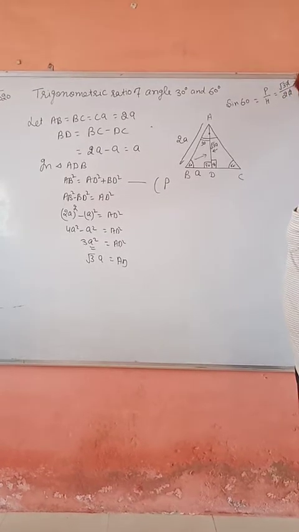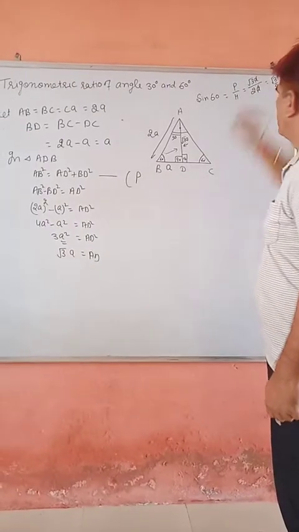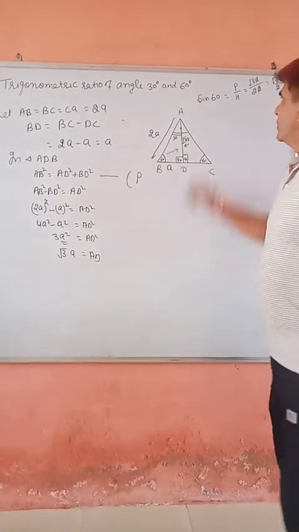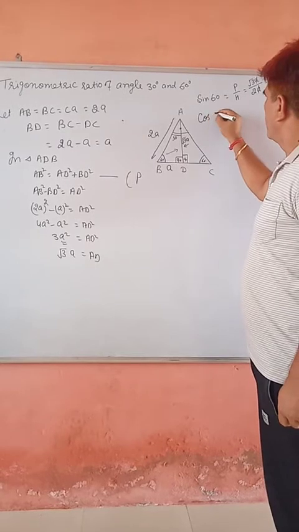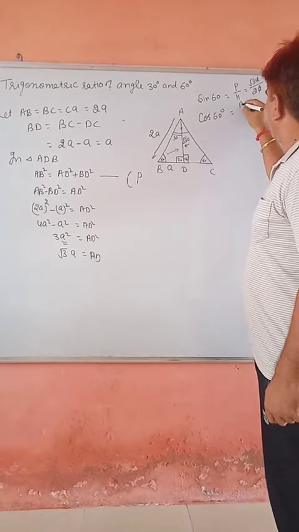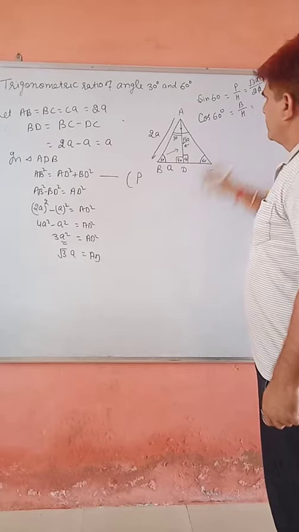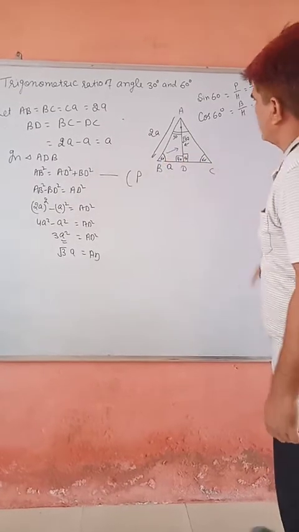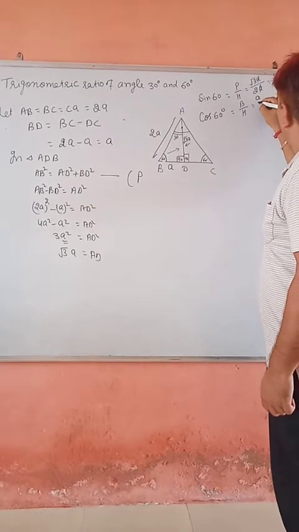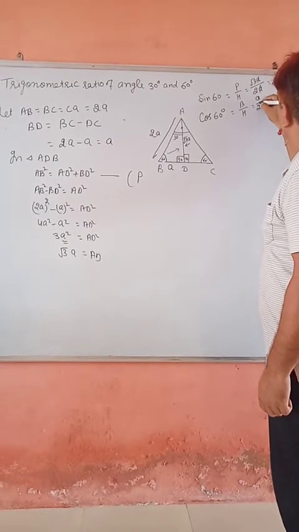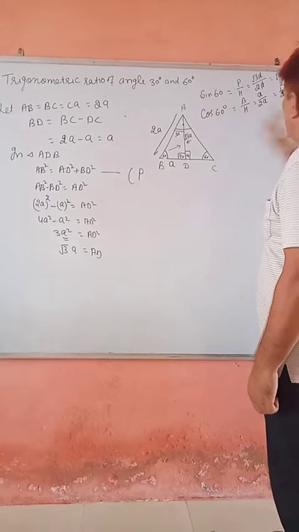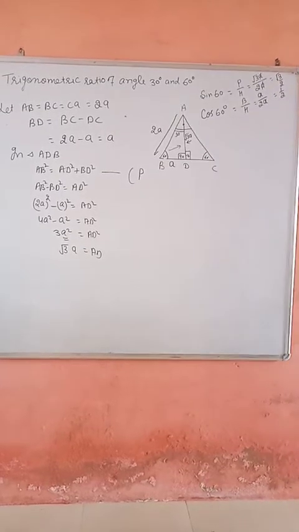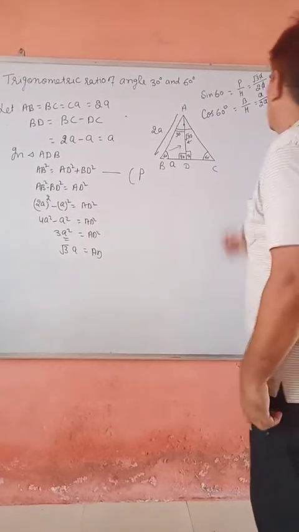Cancel the A, this gives √3 by 2. Cos 60: base by hypotenuse. Base is what? The adjacent side of it. What is that? A by 2A. A cancels. It's 1 by 2. Understood or not understood? Understood.